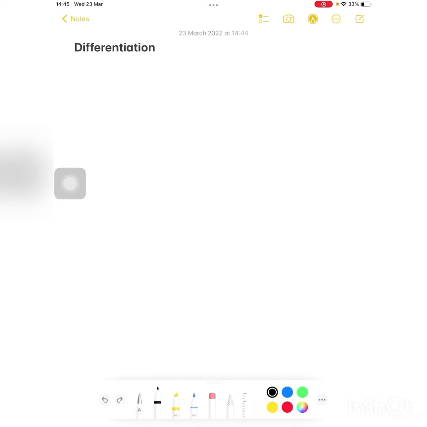Just from the name, here we are focused on finding the derivative of a function. First of all, we are going to highlight key functions and their derivatives, starting with the standard function, which is y equals x^n.